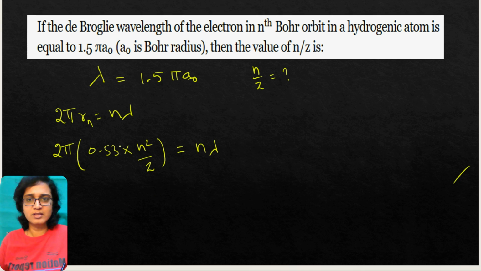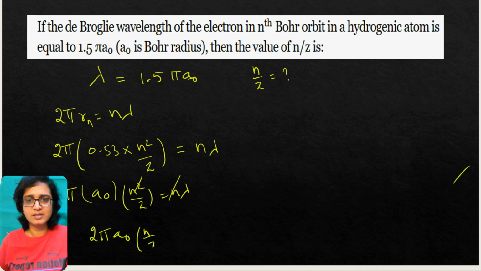This 0.53 I can write as a naught, as we discussed in the previous question. So a naught into n square by z equals n lambda. N gets cancelled: 2 pi a naught into n by z equals lambda.